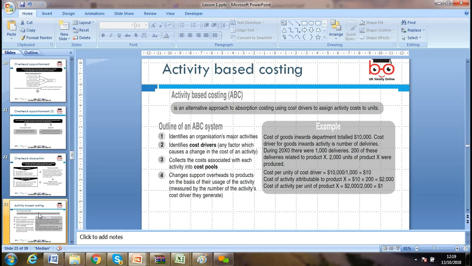Cost of activity attributable to X: £10 times 200 deliveries, so that will be £2,000 cost. The cost of activity per unit: 2,000 divided by 2,000 units, because we are producing 2,000 units, so that will be £1 each.